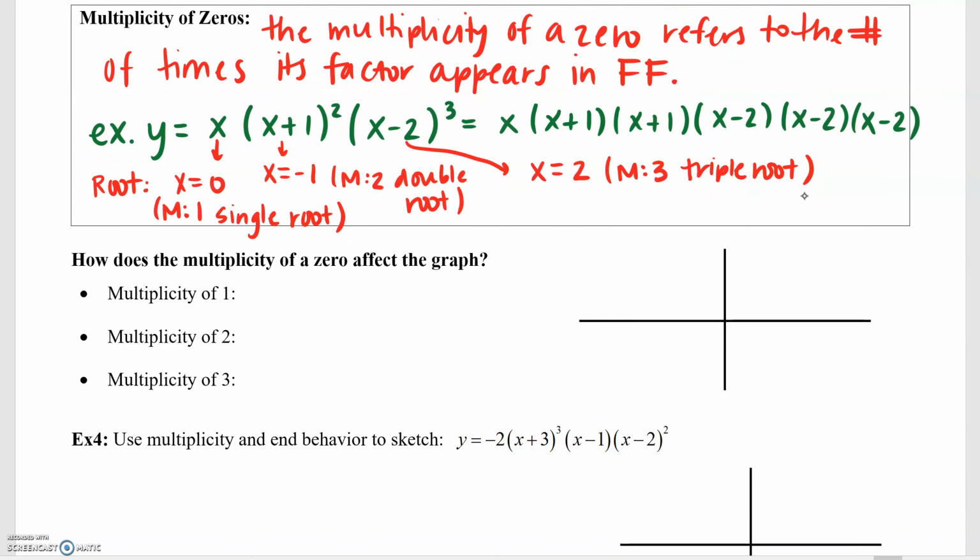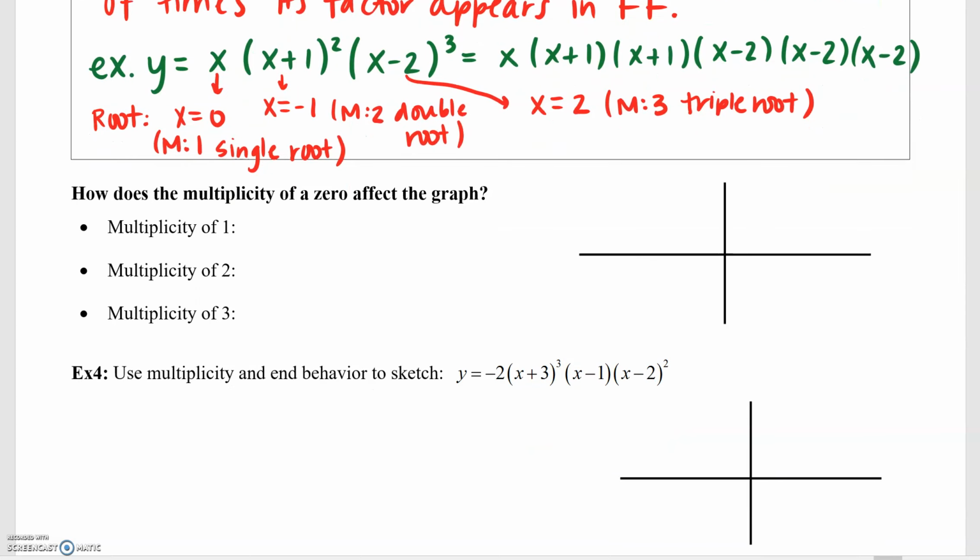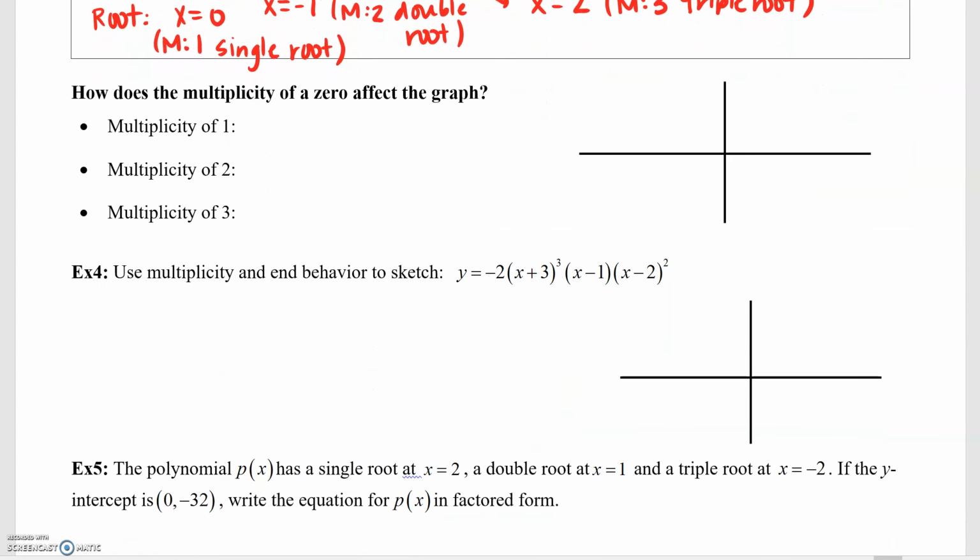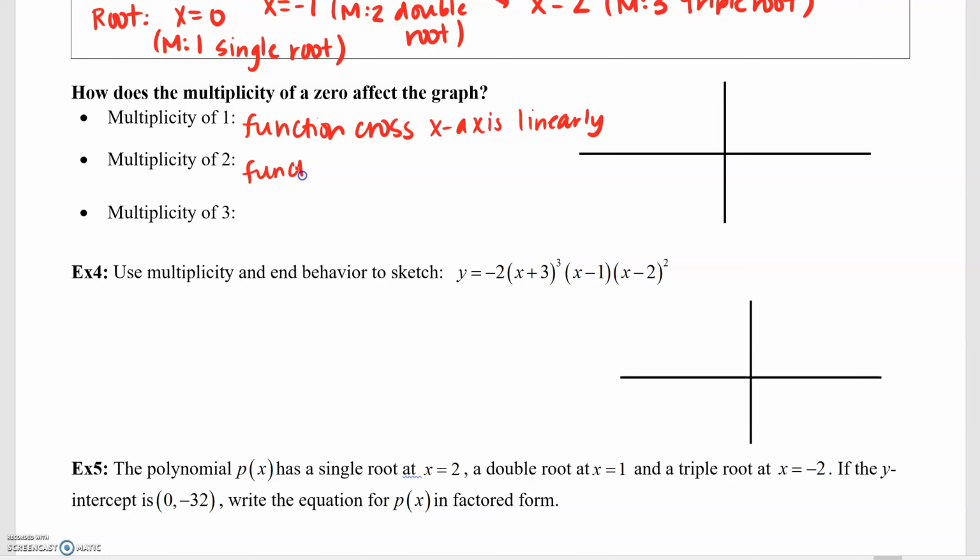So how exactly does the multiplicity of a zero affect the graph? When we have a multiplicity of 1, which we refer to as a single root, my function is going to cross the x-axis linearly. So it almost looks like it's crossing like a line. When we have a multiplicity of 2, which means we have a double root, my function bounces off the x-axis.